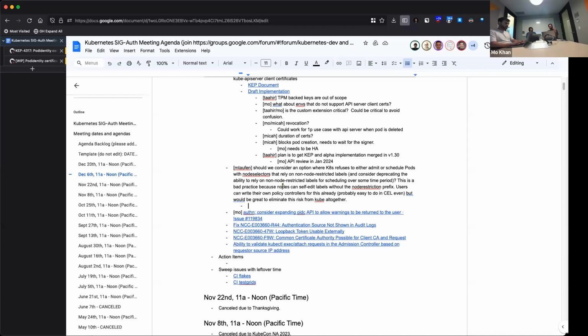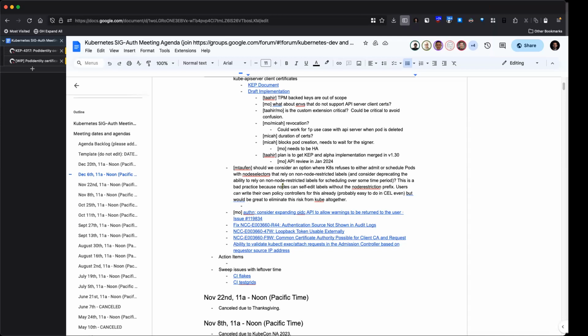Remind me again, it's been a really long time. Those are the ones that nodes are allowed to set, right? Those are the ones that nodes are not allowed to set. Oh, okay. Nodes are allowed to set anything outside of that. And that was for backwards compatibility when we added node restriction in the first place.